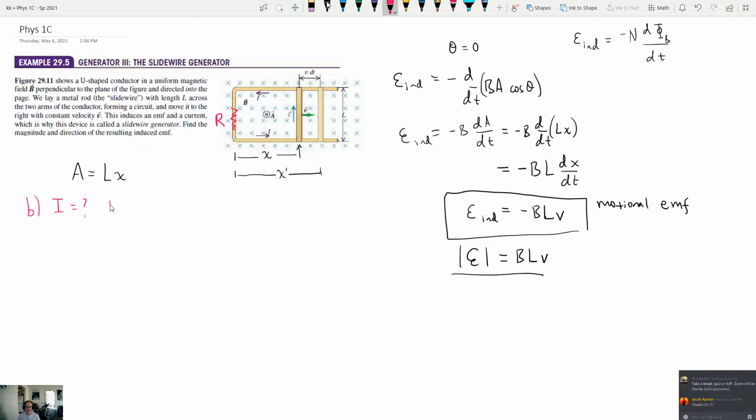We want to find the power dissipated by the resistor. We want to find the force needed to pull the bar.